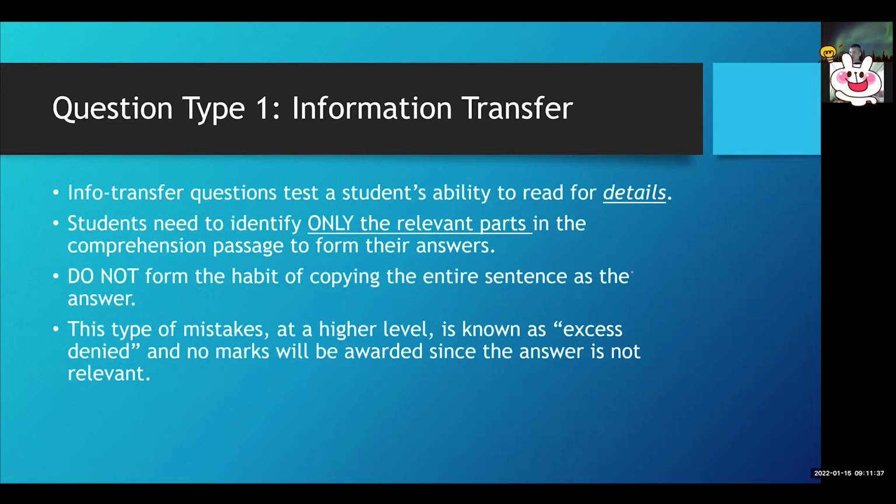You don't know exactly where the answer is, so you don't care. Just take the whole chunk of text, a very long sentence, copy and paste. Because of that, examiners cannot tell whether they truly understood the question or not. So they cannot award you the mark. You understand? So I only want that particular part. If they ask you the time, give the time. If they ask you the method, you give the method. The rest, I don't want.